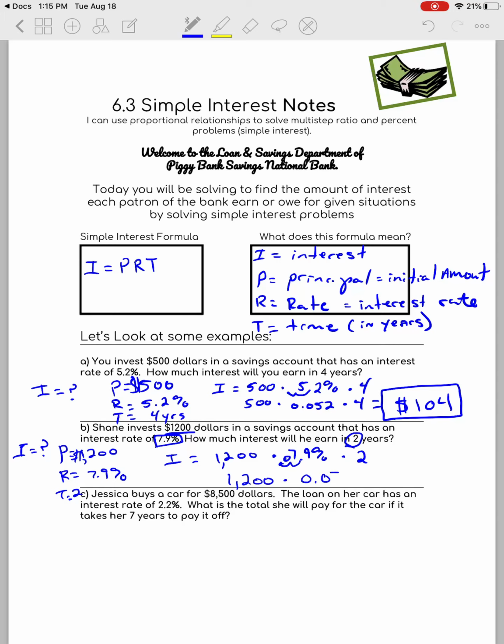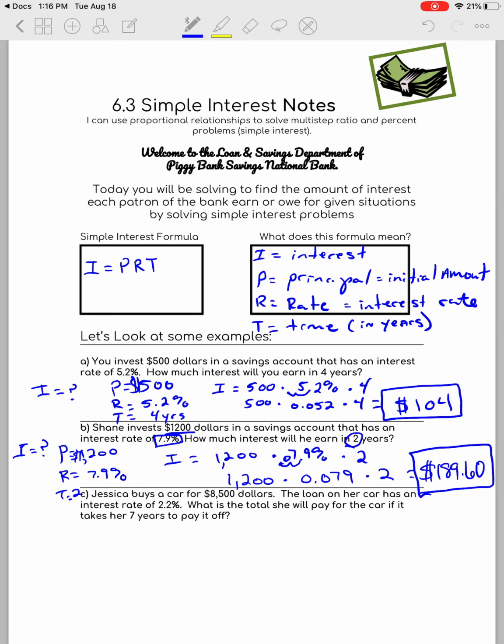So we have 1,200 times 0.079 times 2. And what's that give you? $189.60.